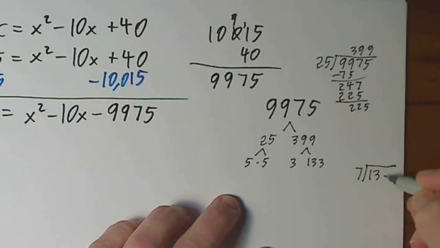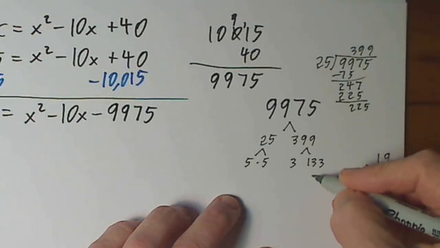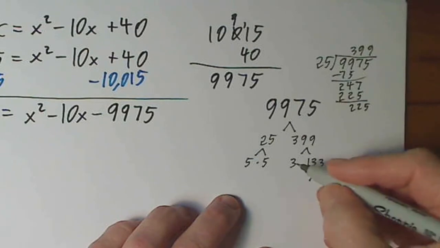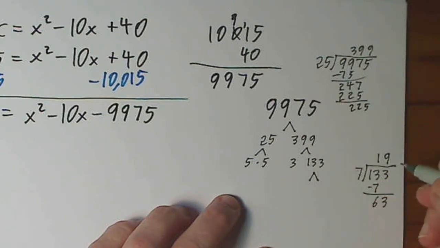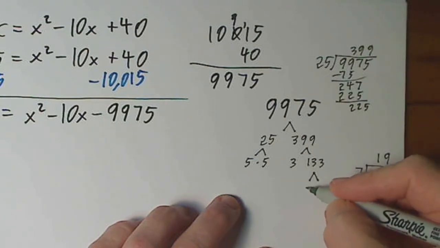So 7 into 133. 7 goes into 13 once, that's 7, subtract to get 6, bring down your 3. 7 goes into 63, 9 times. So this 133 can be broken down a little more: 7 times 19.